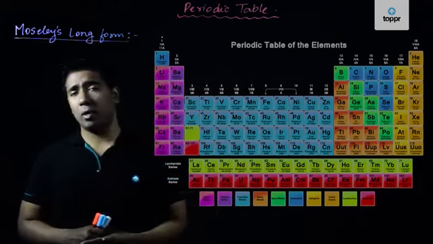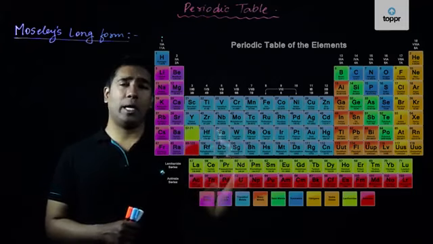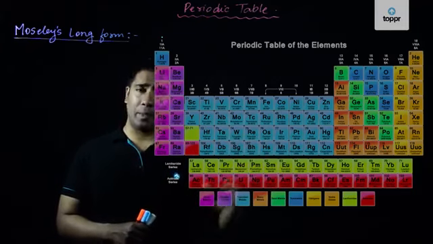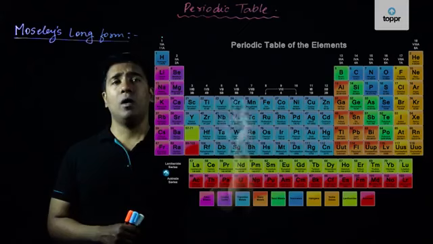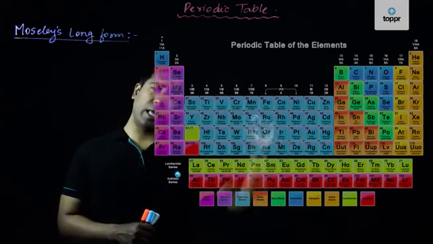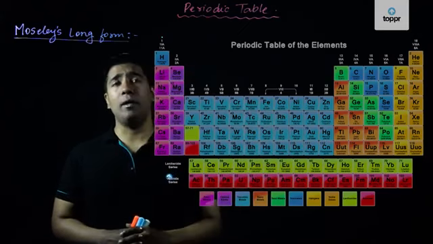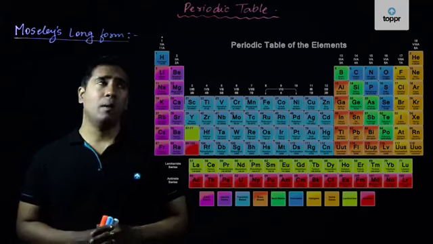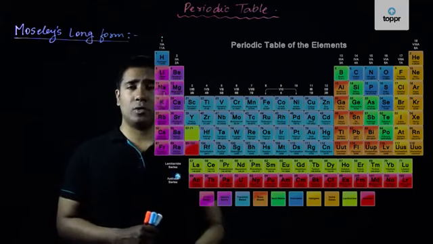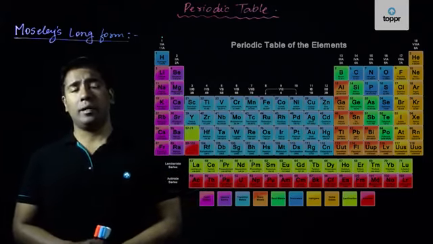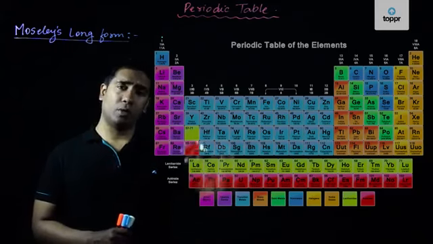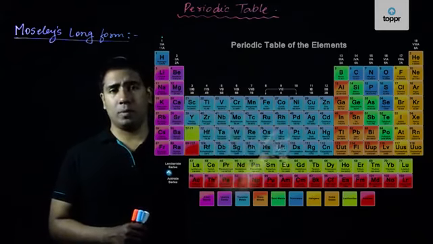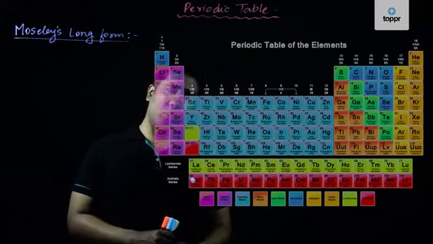The other way around, if you show me any spot on an empty periodic table and ask me the atomic number of the element in that spot, I can tell you simply by adding the number of elements present in the different blocks of the periodic table.